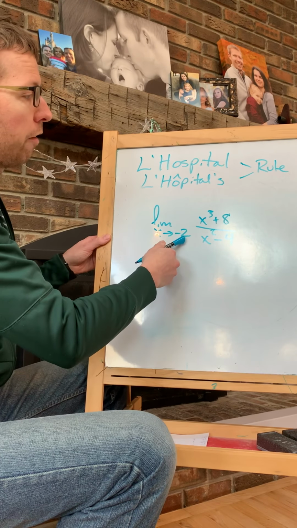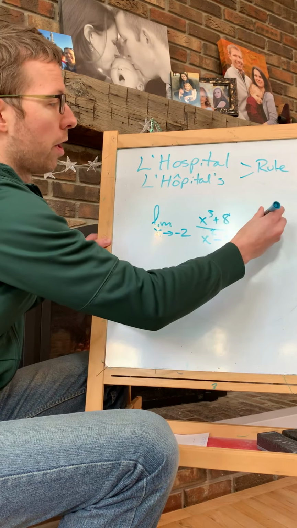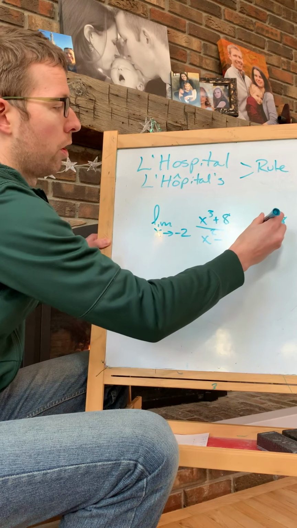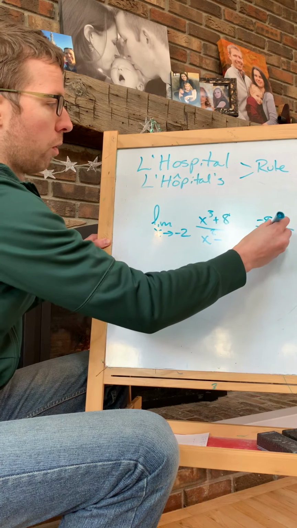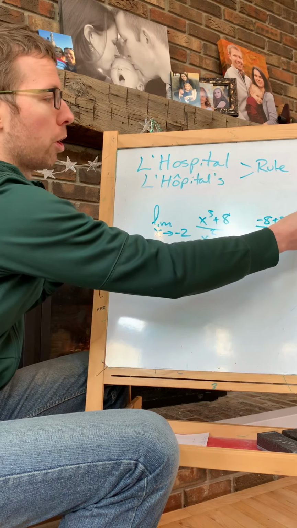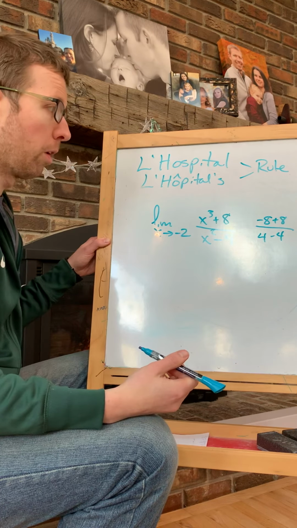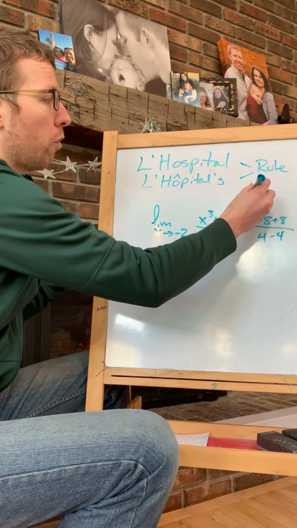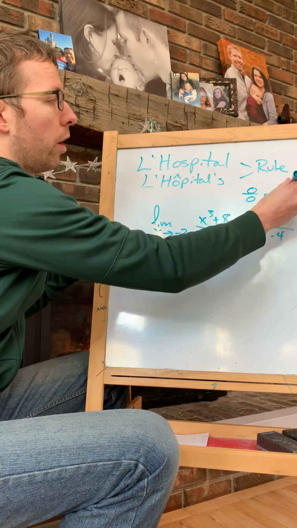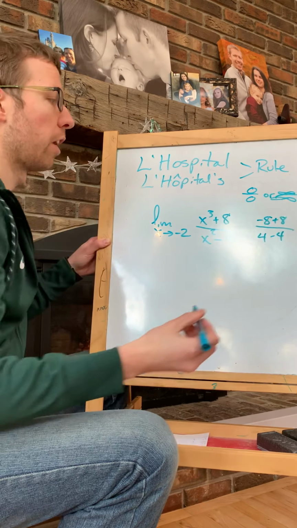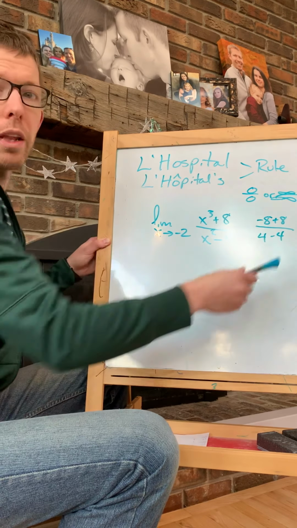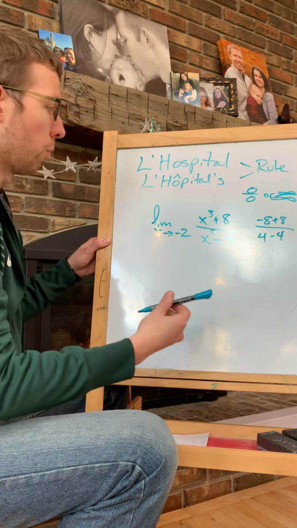If we plug in -2, we would end up with -8 plus 8 divided by 4 minus 4, which is going to be 0 over 0, which once again gives us the indeterminate form. Remember, we're looking for either 0 over 0 or infinity over infinity. Because we got the indeterminate form, we can use L'Hopital's rule.